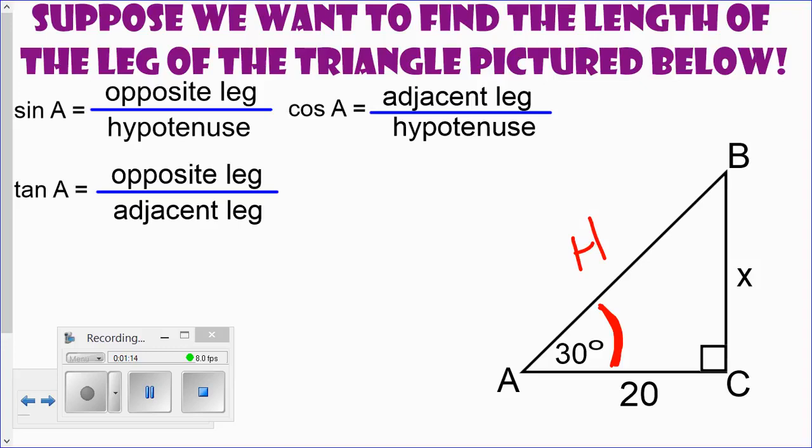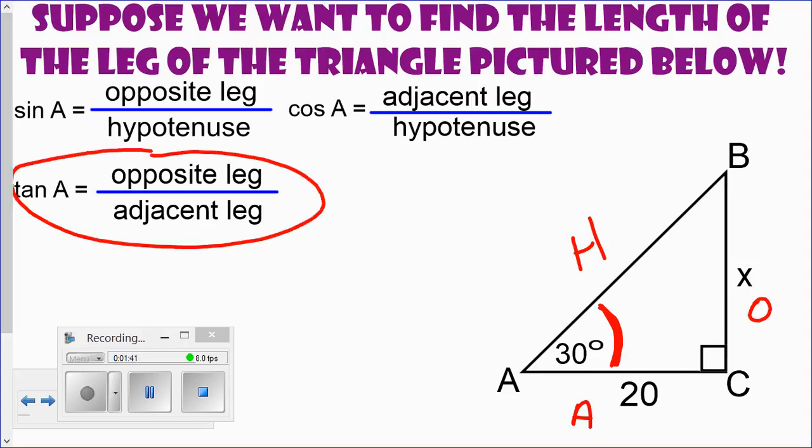On the other hand, I want x, which in reference to angle A is opposite, and I know the adjacent, that's 20. So looking at SOH, CAH, TOA, we can see that the one that involves the O and the A, which is the piece that I want and the piece that I know, would be tangent. So that's the ratio we're going to use.